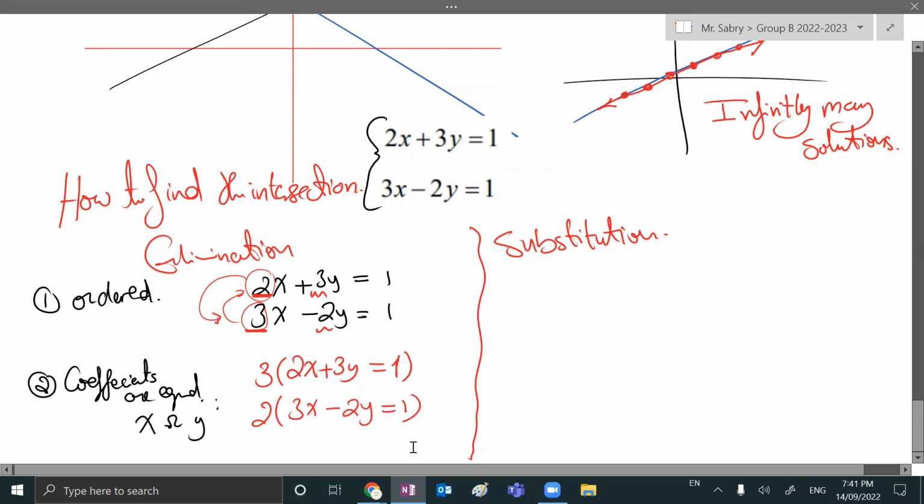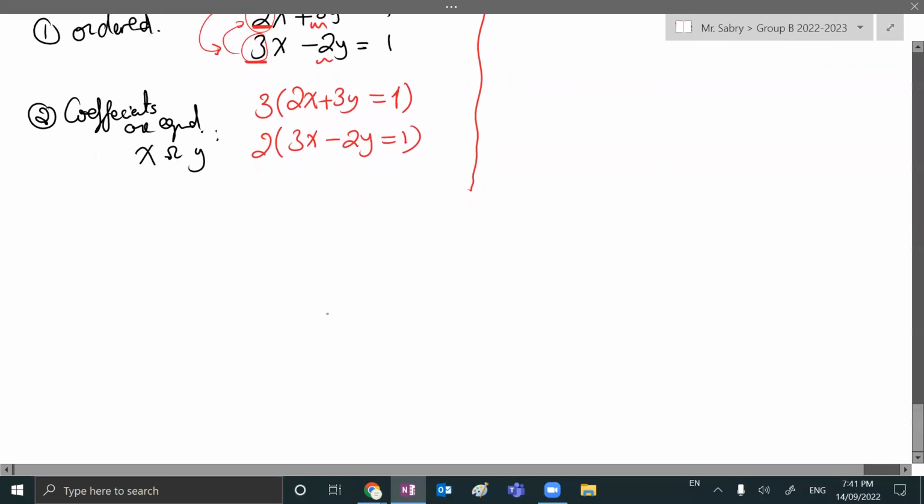And when I do that, I'll finally have the same coefficients. So here it goes, 6x plus 9y equals 3. I multiply by everything. 6x again minus 4y equals 2.